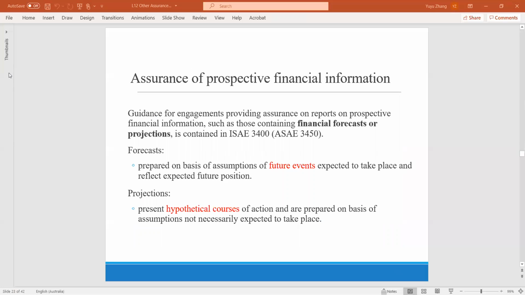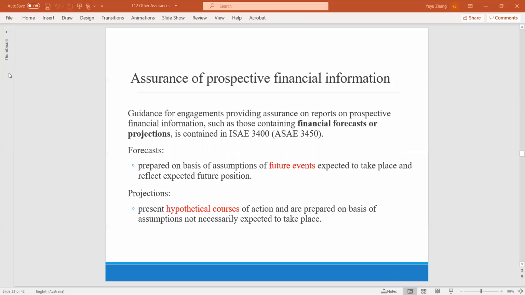What is prospective financial information? From its title, we know this information will be prospective, projected or forecast financial information. In other words, predictions about the future.